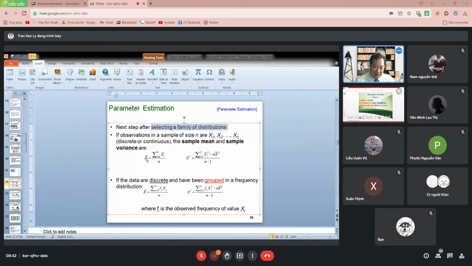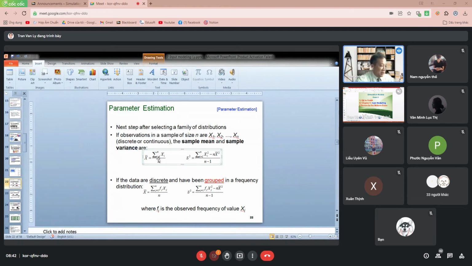Just estimate. Normally we know the sample mean and variance. So far we just have a sample because we collect data. We collect data and we need to identify, first, the distribution. Second, in the distribution, we need to identify the parameter.